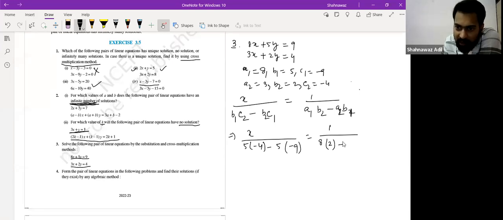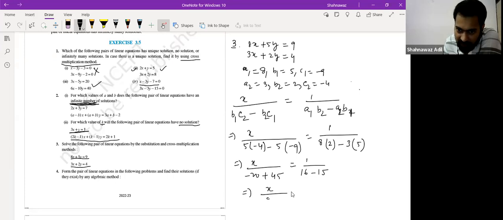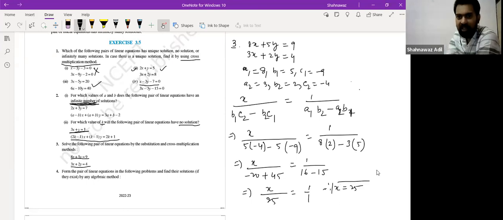A2 is 3 and B1 is 5. So this becomes -20 plus 45, and 16 minus 15. So this is 25 and this is 1. So x is 25. Did I make any mistake?